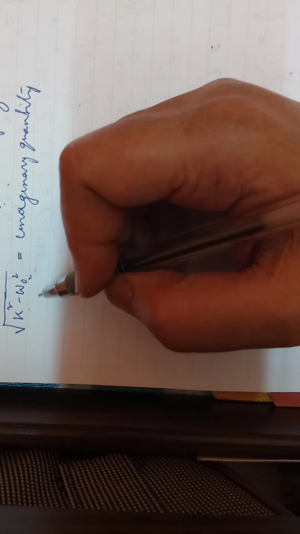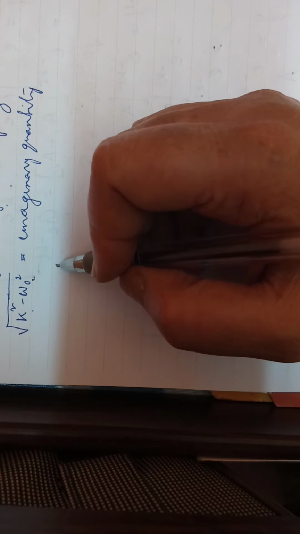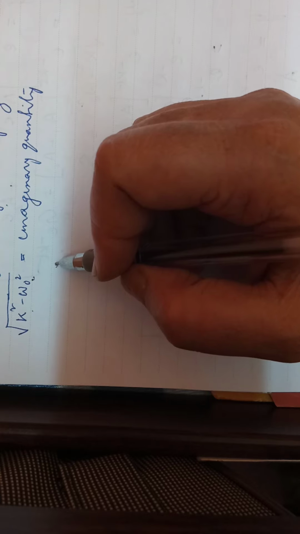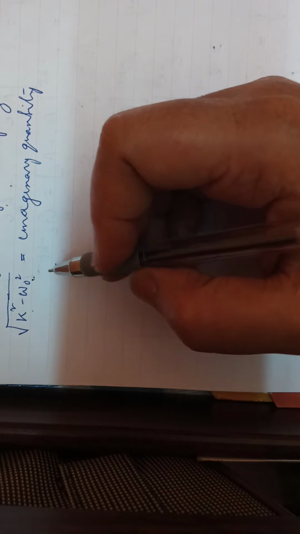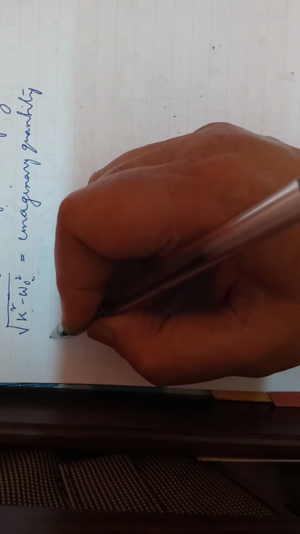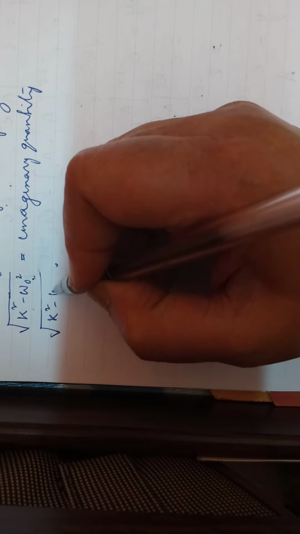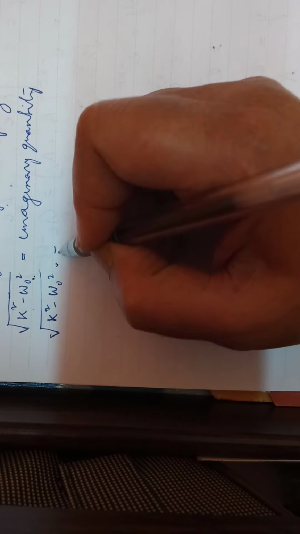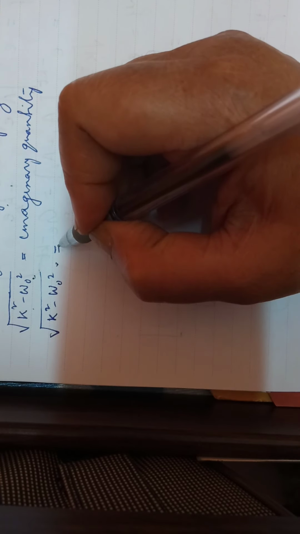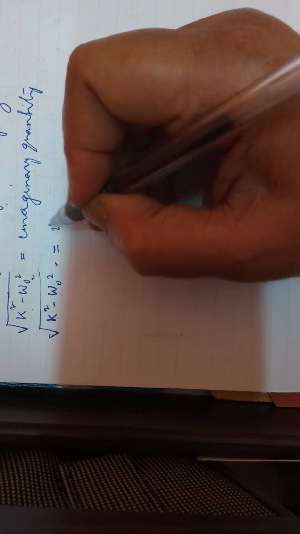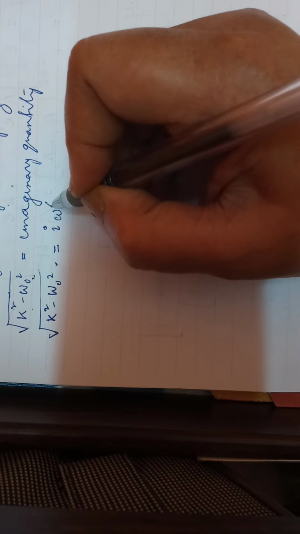So this becomes an imaginary quantity. So let the square root of k square minus omega 0 square be equal to i omega prime.